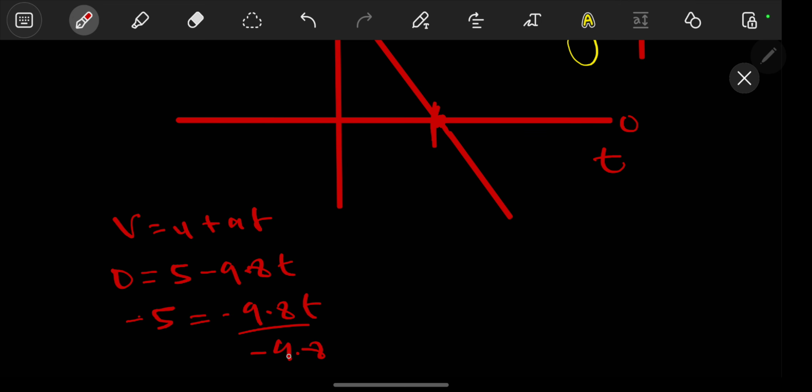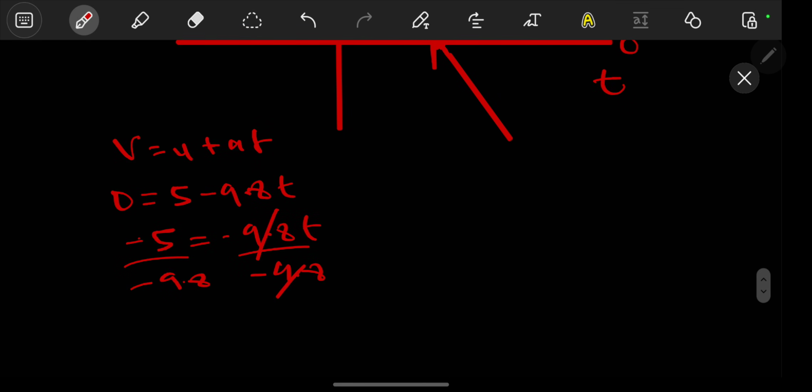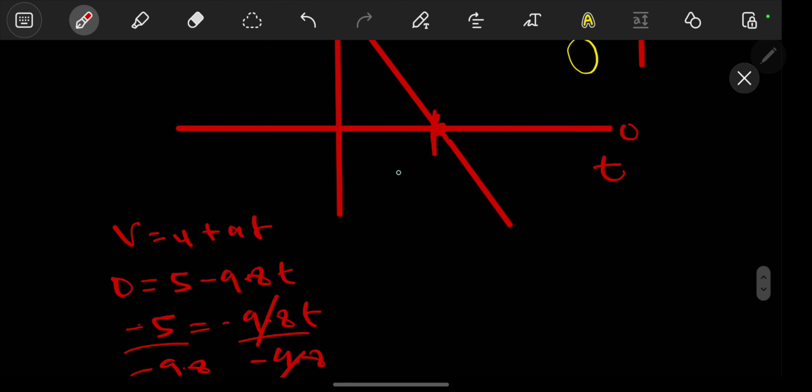Divide by negative 9.8 on both sides, which will give us t equals 5 divided by 9.8. So this value is equal to 0.51 second. So we can just attach this to our graph to say 0.51 second like that.